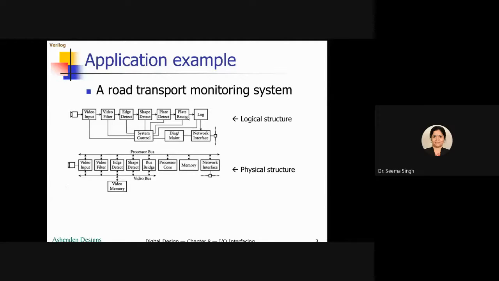So what is done in this is stations on freeways. Freeways means your toll roads. Stations on freeways will each have a video camera on a gantry. Gantry means your toll booth type thing.